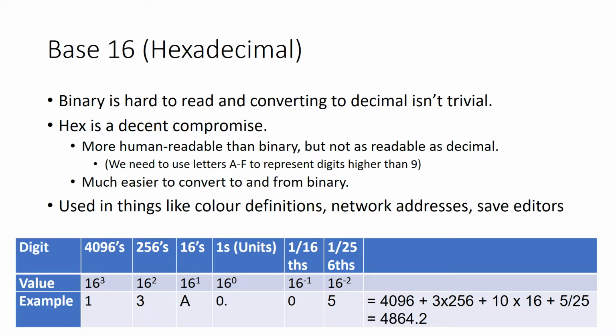And the example, you've got 1 lot of 4096, 3 lots of 256, and that A, that's a 10, so you have 10 lots of 16. No units, no 16ths, and 5 256ths. So add them all together, you get 4864.2. So that's hex into decimal. Converting hex into binary is relatively simple. Every 4 digits of binary is the same as 1 digit of hex.